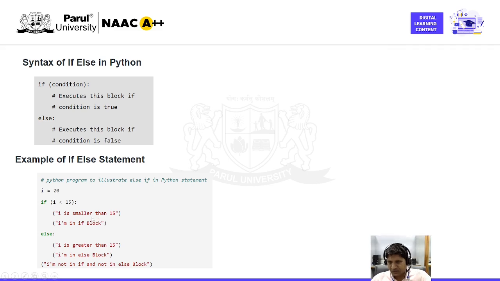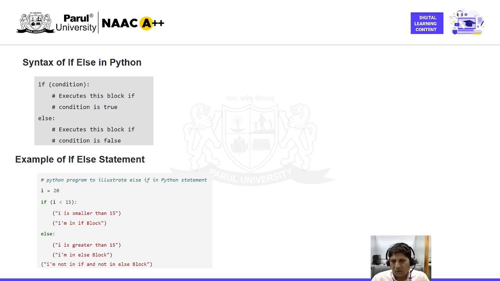For example, I equal to 20. If the value of I is less than 15, then the message printed here is "I is smaller than 15."